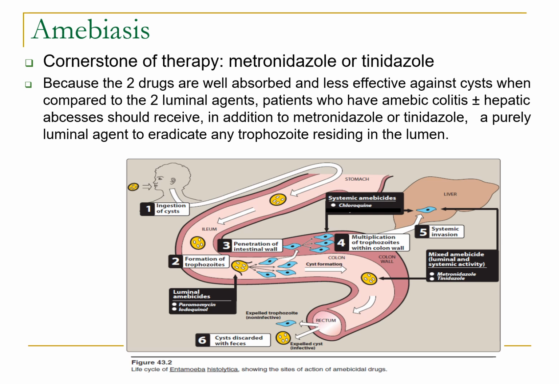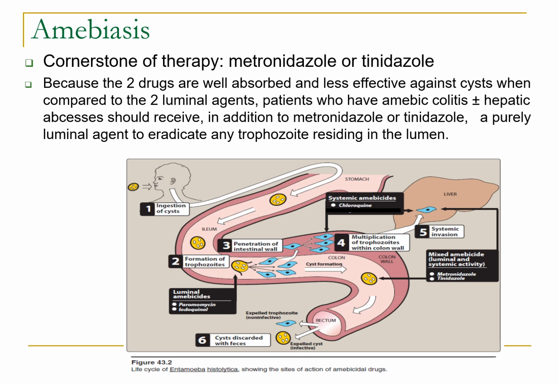Why is this important? The important thing is to know that with amoeba, you would have the colonic form and the tissue form. And usually we assume that if a patient has cyst, most probably the patient also has systemic amoebiasis. And hence we have to treat both forms. We have the luminal amoebicides, and that is paromomycin and iodoquinol, and those would work in the colon on the cyst.